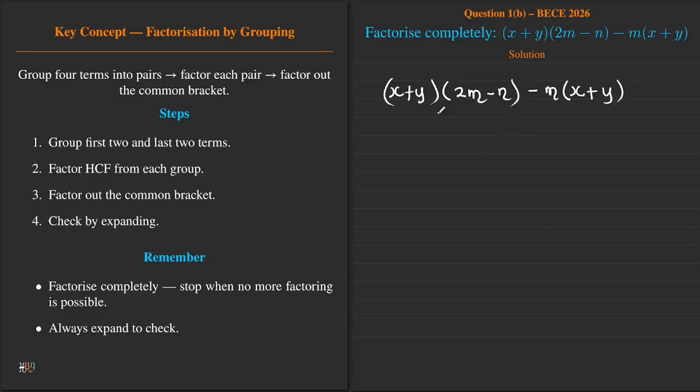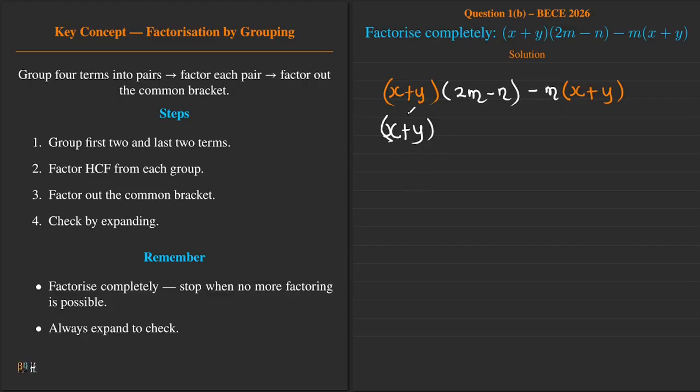Now, if you look at the expression carefully, you notice that the term x plus y appears in both terms. So what we can easily do is to factorize that out. Bringing that out simply means we put x plus y out here.